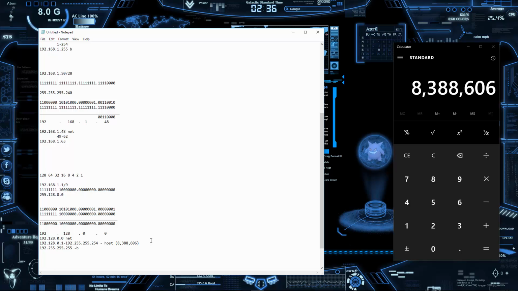And that is a total of 8,388,606 usable hosts. Something like a metropolitan area like, I don't know, New York or something like that. Well, that's even well beyond that, because I'm pretty sure they don't have 8 million houses and businesses. So I could be wrong about that.